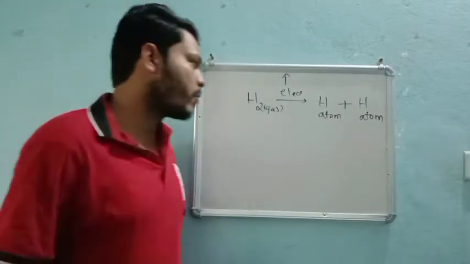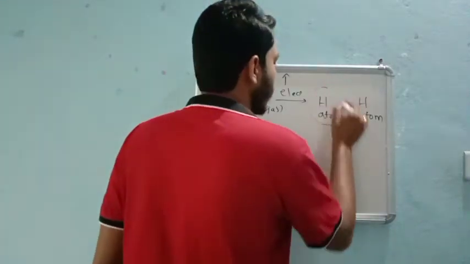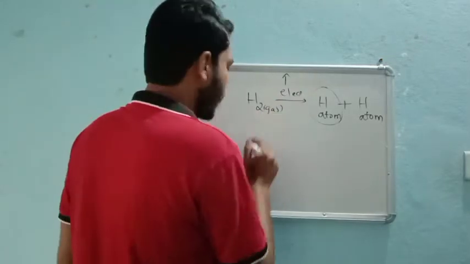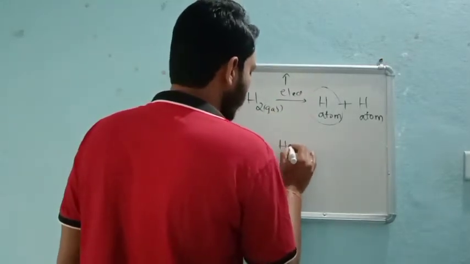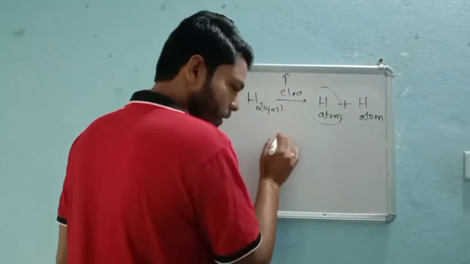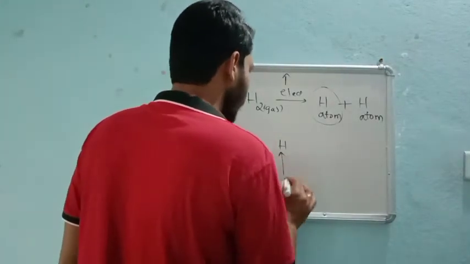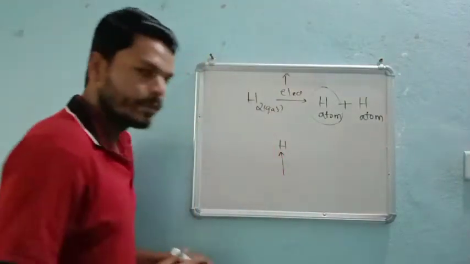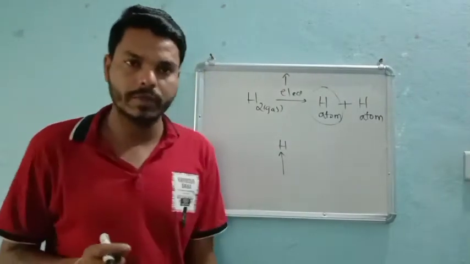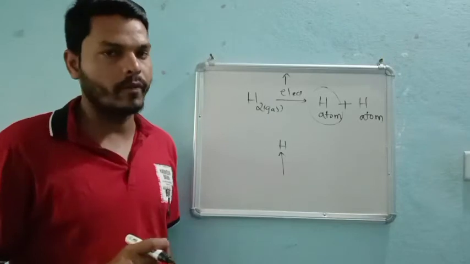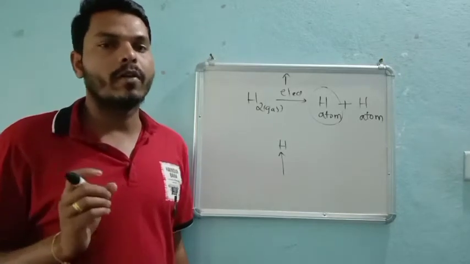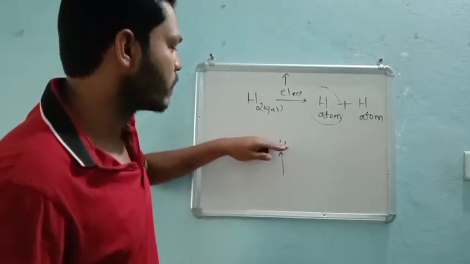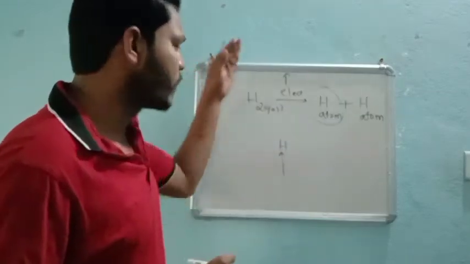In the next point, once we get a hydrogen atom, we take that atom into consideration. Since we are applying a high amount of electricity, the electron present in this hydrogen will absorb that energy, that is, electrical energy. Whenever absorption takes place or external energy is applied, the electron absorbs it and starts jumping from the lower level to the higher level.